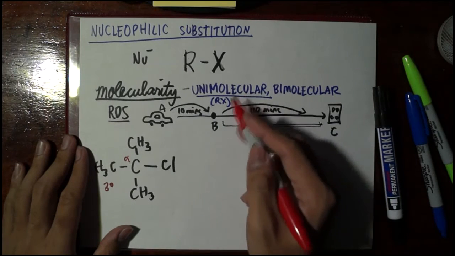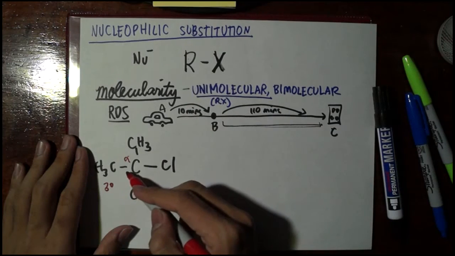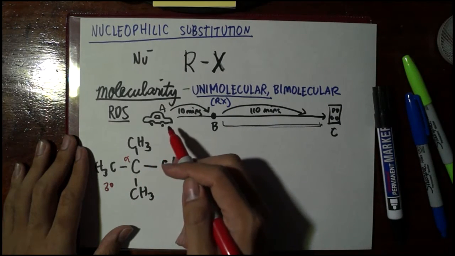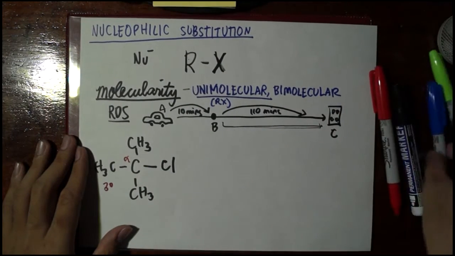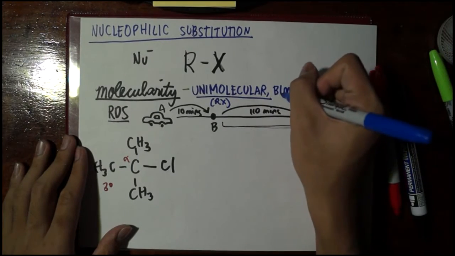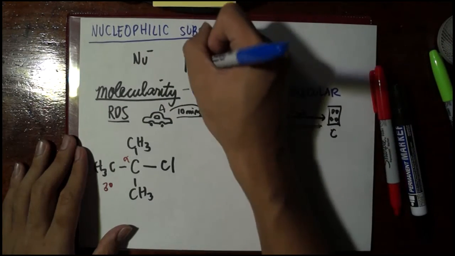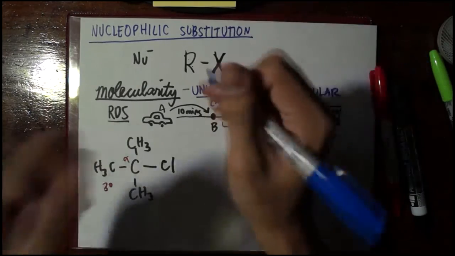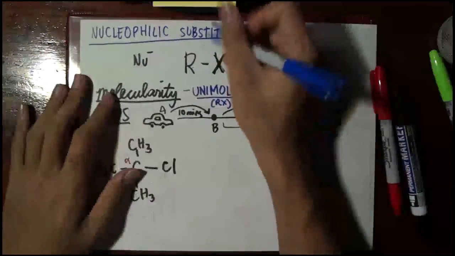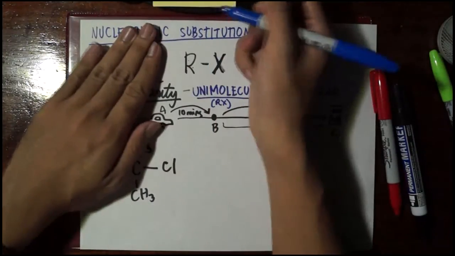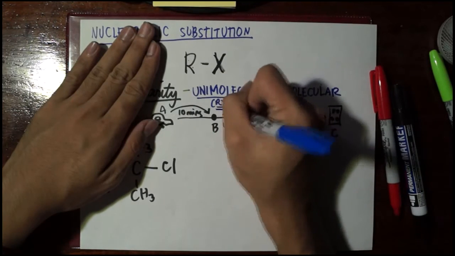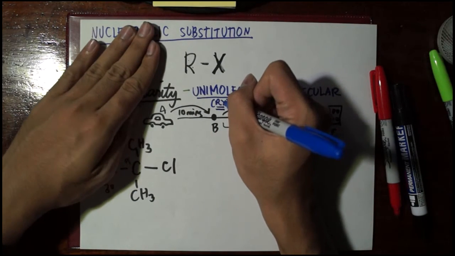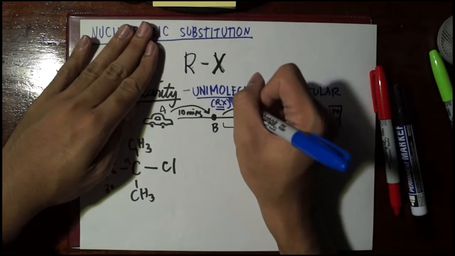We say that the Rx participates in the unimolecular reaction because, in comparison to bimolecular, in bimolecular the nucleophile attacks the Rx, then X leaves at the same time. But here, what happens is that the nucleophile has no interaction because, again, the Rx is the only participating molecule.